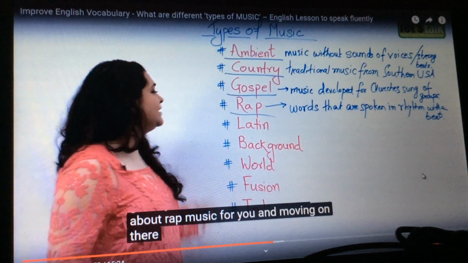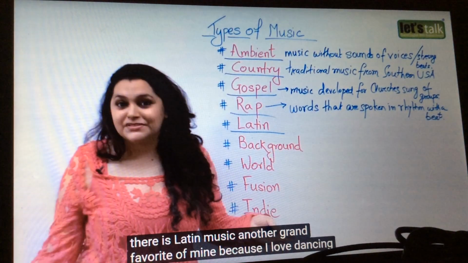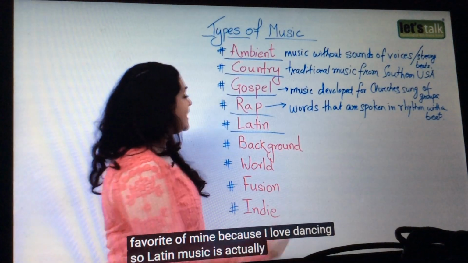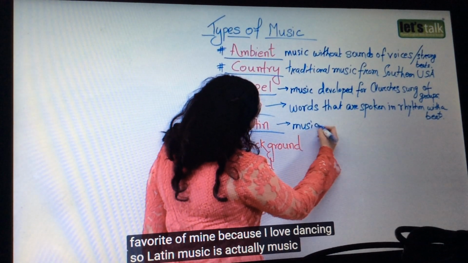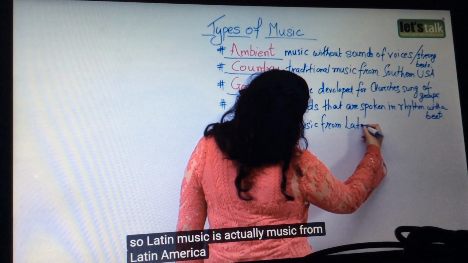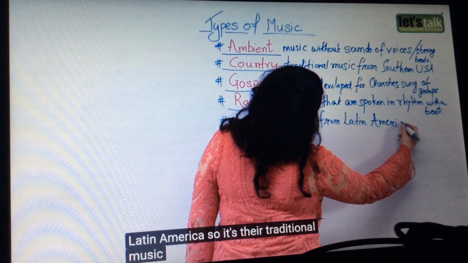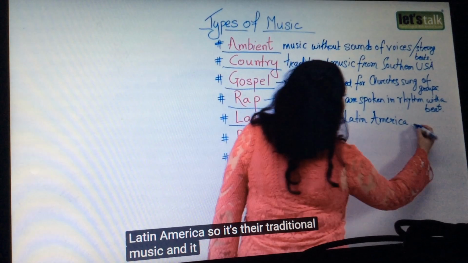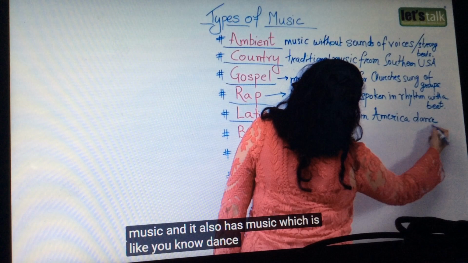And moving on, there is Latin music, another grand favorite of mine because I love dancing. So Latin music is actually music from Latin America. So it's their traditional music, and it also has music which is like dance music.